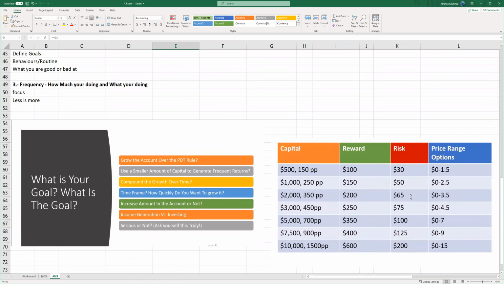Understood that part? If you have $2,000, there's no way that you can take a $500 or $1,000 trade, because you're not going to last. Unless, if I have the $2,000 and I want to reach 1,000, I have to put my stop at $65. It's not going to last much, but you can do it because you'll get your 200 quicker. But you have to get out once you lose $65 with your 2,000.